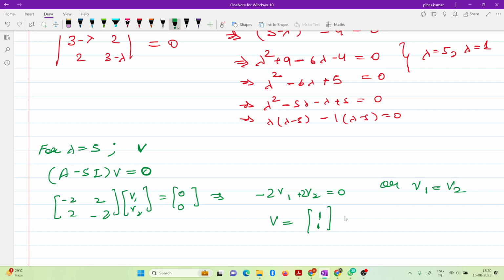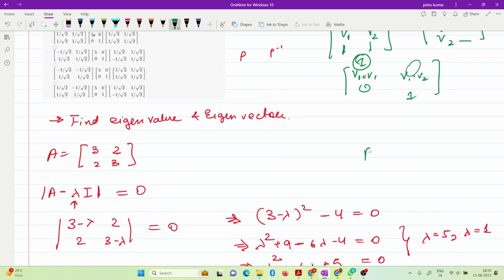Now because we want this matrix P that we are forming to be an orthogonal matrix, it is better to normalize this particular vector V. So if we normalize, what do we obtain? We obtain 1 by root 2 and 1 by root 2. Why did we normalize it?